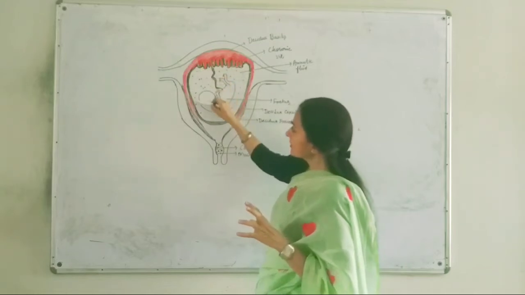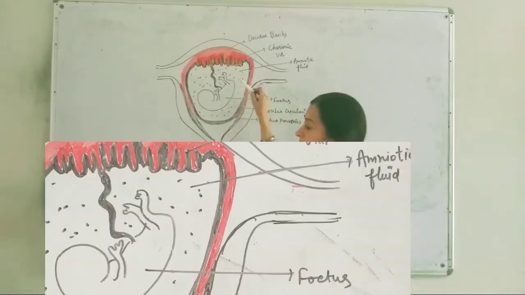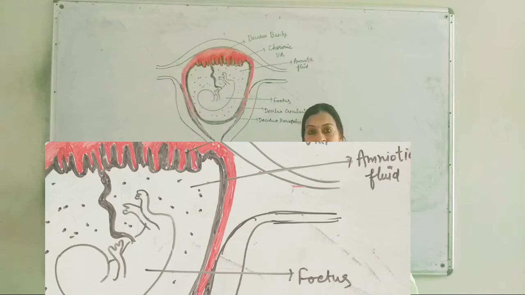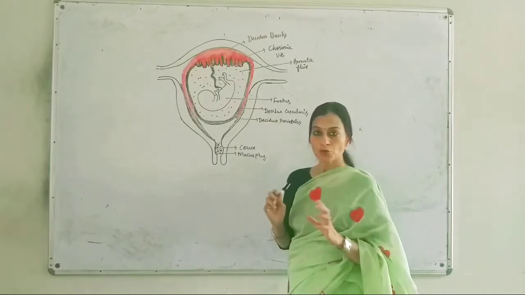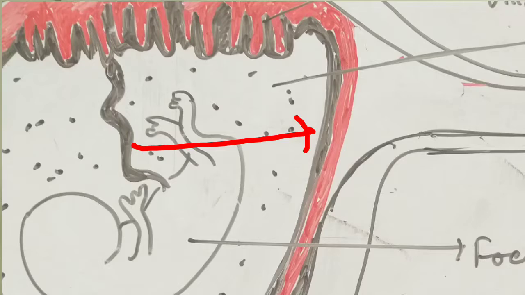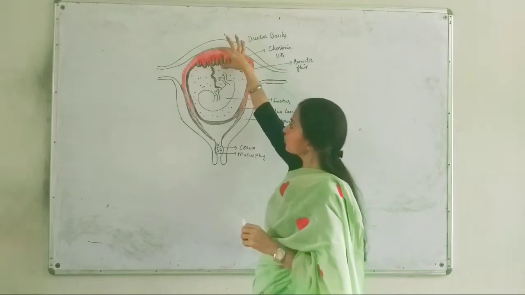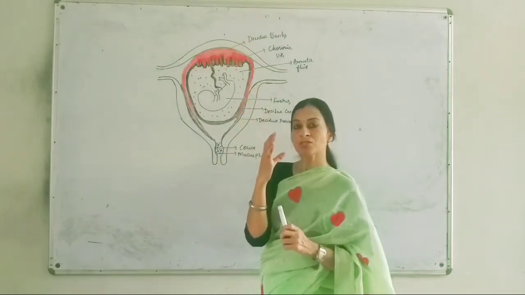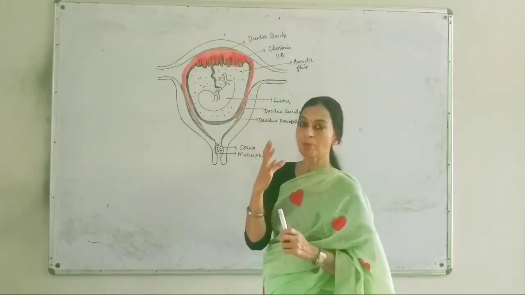Then there is a cavity which is filled with a liquid. This is the amniotic cavity, and the liquid is known as amniotic fluid, in which the fetus is floating. You can also see a tube-like structure in connection with this tissue, which is actually a bridge-like structure known as the placenta.